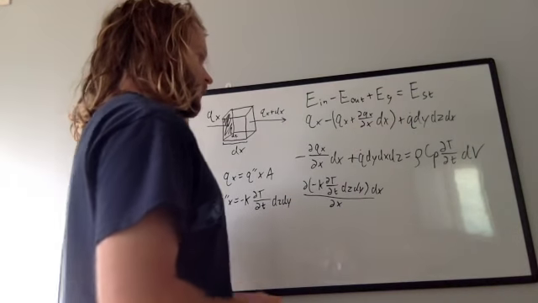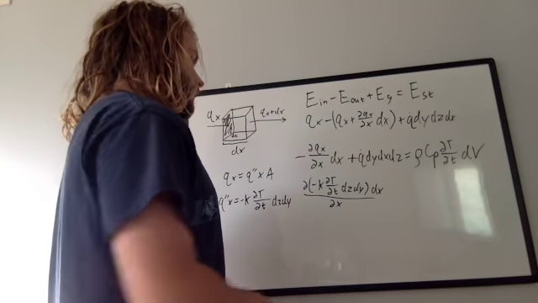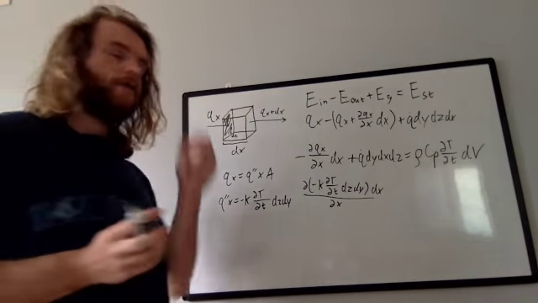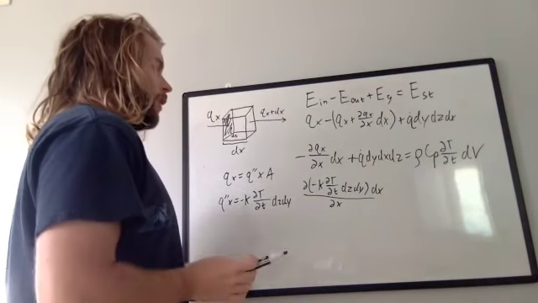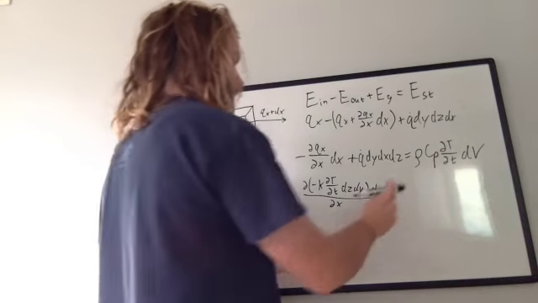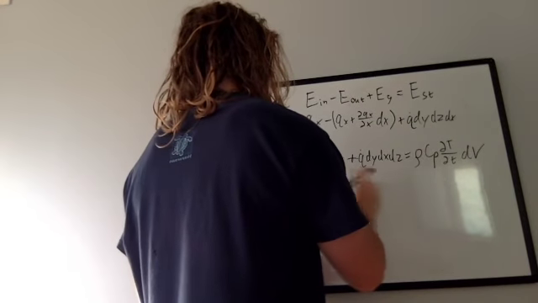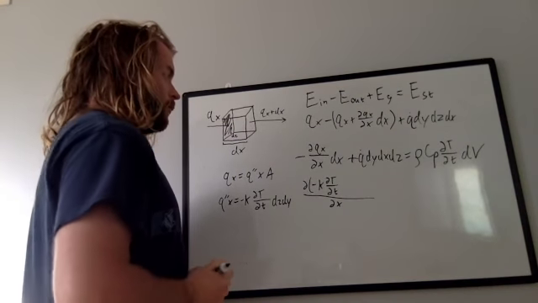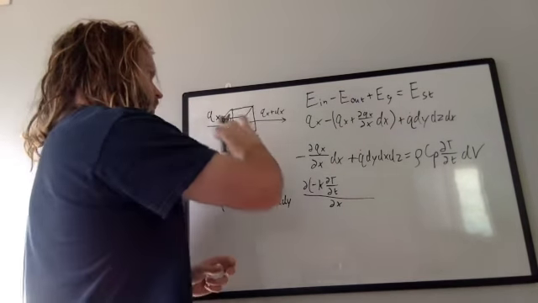Now looking at this, we can see that this dz dy dx right here is just going to be our differential volume, our control volume right here. So we can simplify that down to dV. And again, that is not going to be changing with respect to all this heat transfer that's going on.